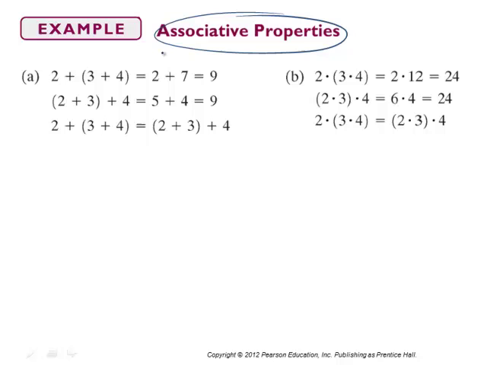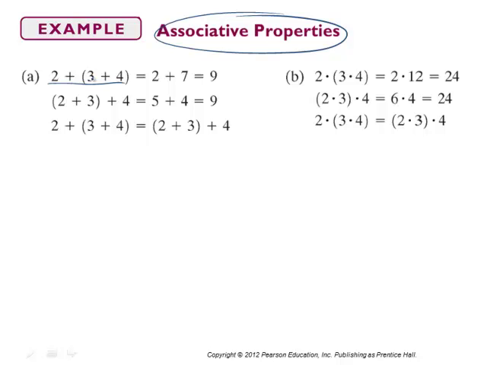Associative properties talk about, hey, how do you combine 3 numbers? So, for example, you want to add 3 numbers, 2 plus 3 plus 4. How do you do it? Well, you're going to have to add 2 numbers first, and then add the third one. So which 2 numbers do you want to add together?